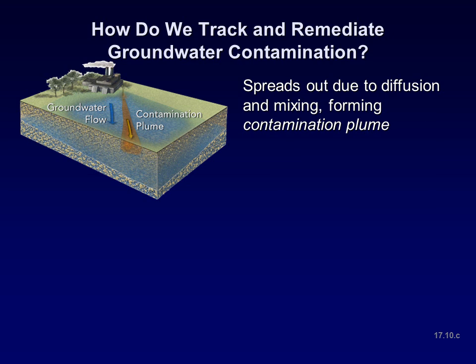How do we track and remediate groundwater contamination? Contamination spreads out due to diffusion and mixing, forming what we call a contamination plume, which is just a big body of contaminated water.